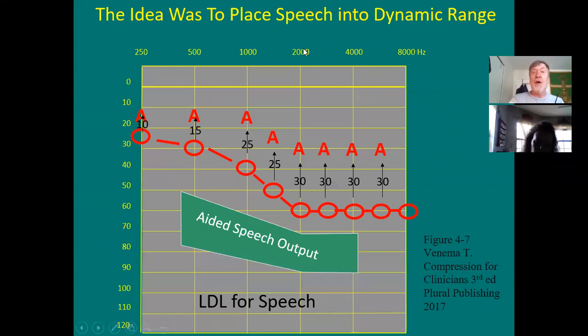Now this is the old way too. Okay, functional gain, ancient news, yesterday's history, but please appreciate it because this is the first way and they didn't have real ear. So they stuck to a rule that they made up, and the first one was half gain, and the second one was Berger, and the third one was POGO, and the fourth one was Libby, and the fifth one was NAL.